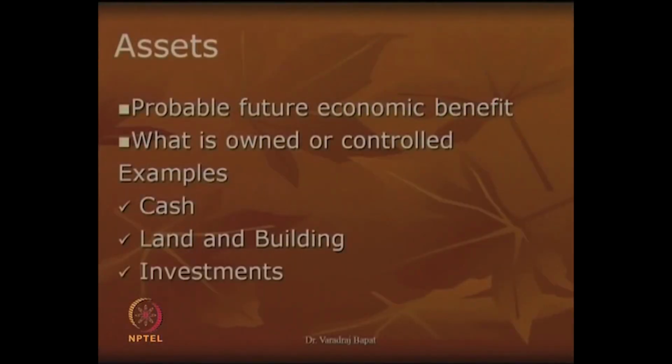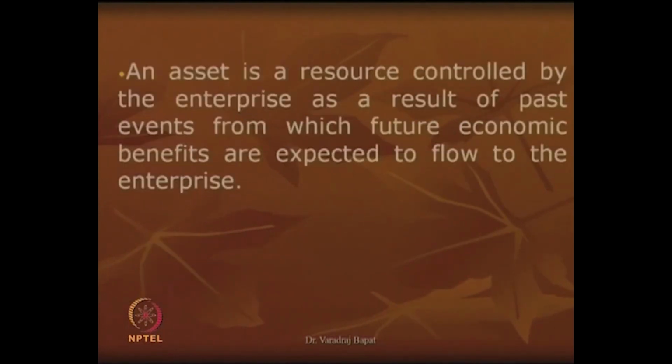Now, apart from cash, can you give examples of more assets? In fact, right now we have discussed many examples. So, just try to remember some more assets. Okay. We will try to see. So, you can see here land and building, then investments, machinery. Now, an asset is a resource which is controlled by the entity because of past events, and we expect some economic benefit from it.